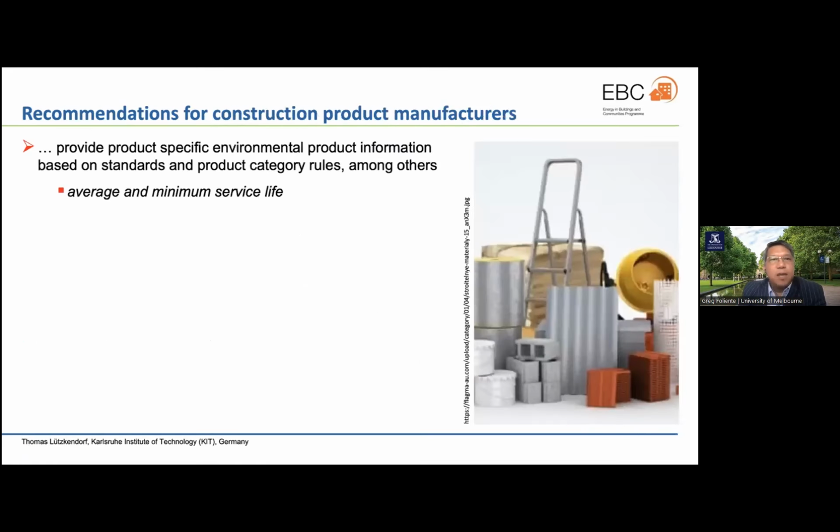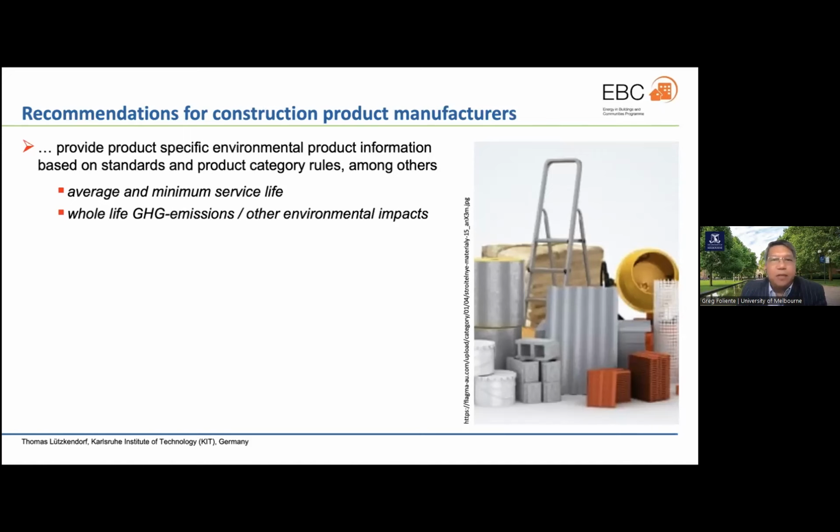Now, for product manufacturers: provide product-specific information related to average and minimum service life. This is the one that usually is not provided. I have some caveat on this one because things are sometimes replaced not because they're not working, sometimes they're replaced because of aesthetic choice.